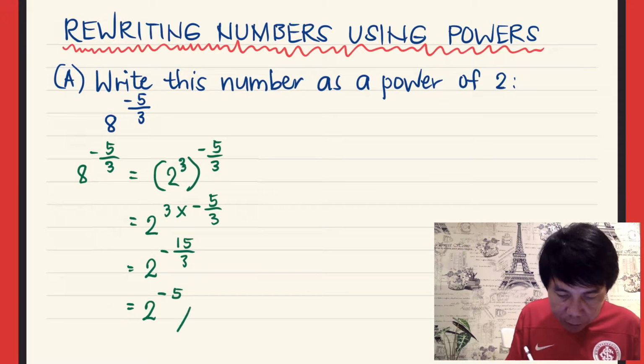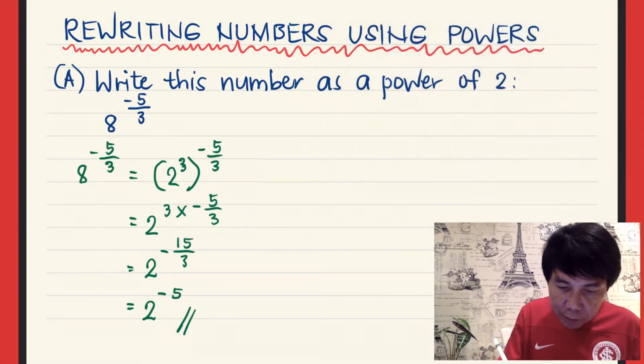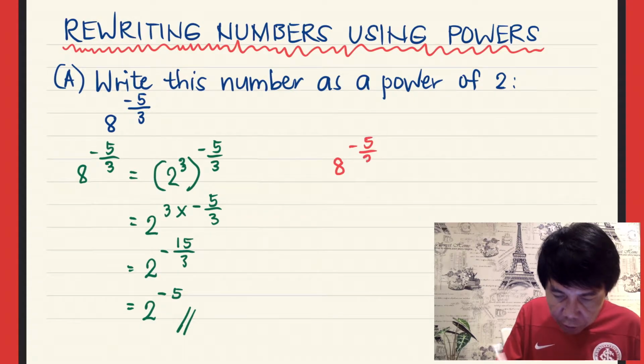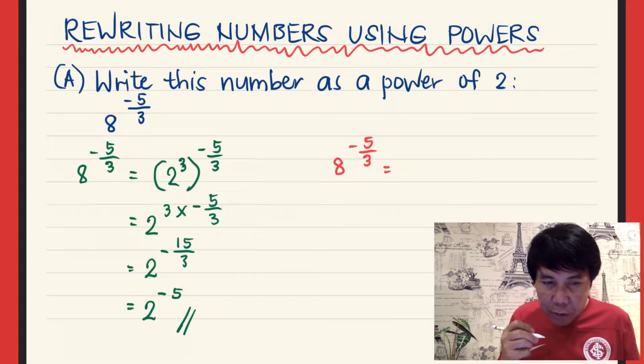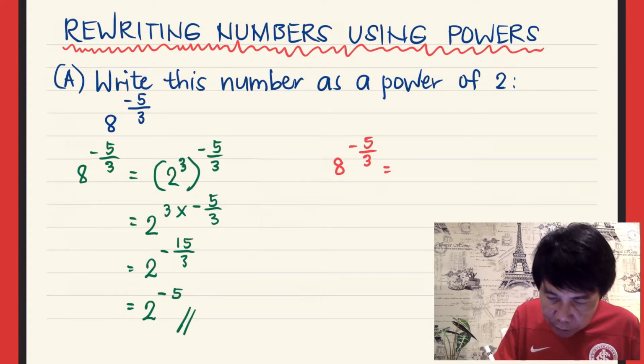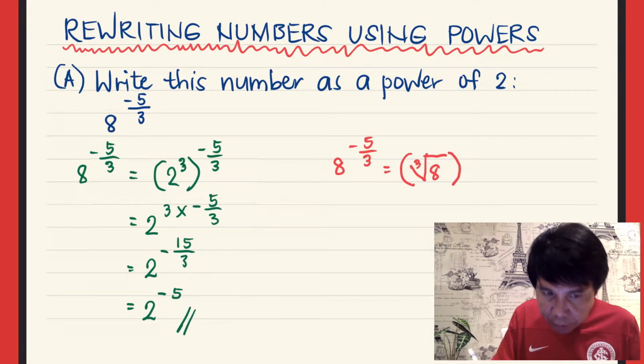Now there's another way. 8 raised to the power of negative 5 over 3 is equal to, we can get the cube root of 8, raised to the power of negative 5.